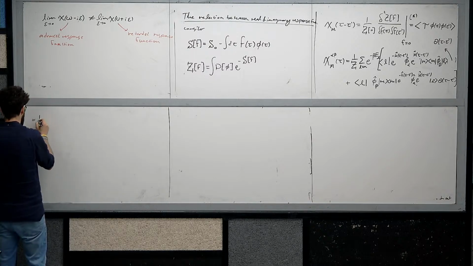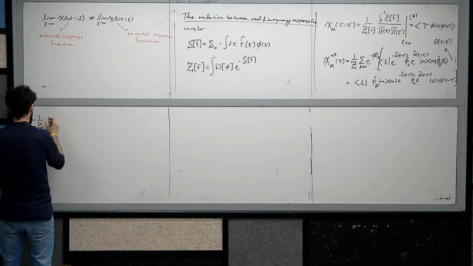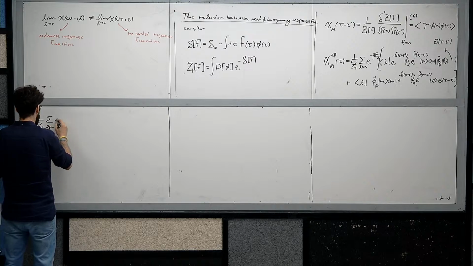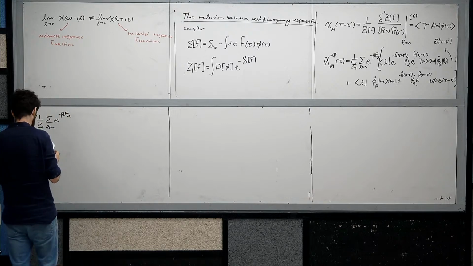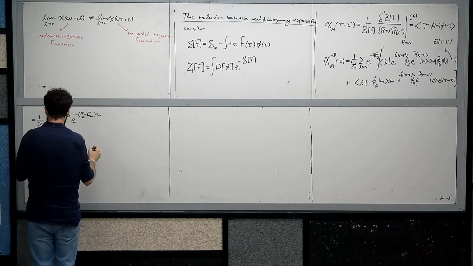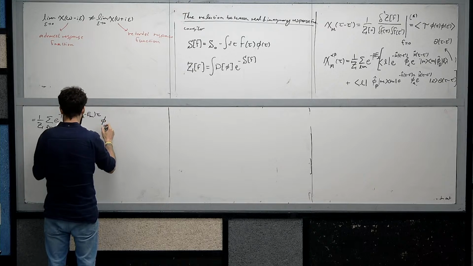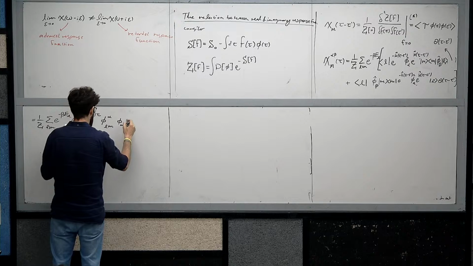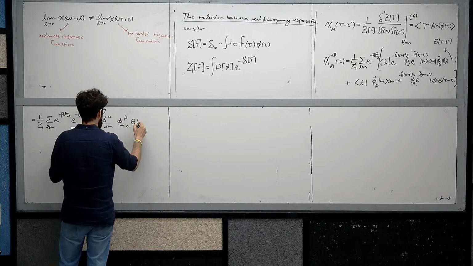Then this is equal to 1 over Z, sum over L, M, e to the minus beta E_L, e to the minus E_L minus E_M times tau, phi LM alpha, phi ML beta, theta of tau minus tau prime.